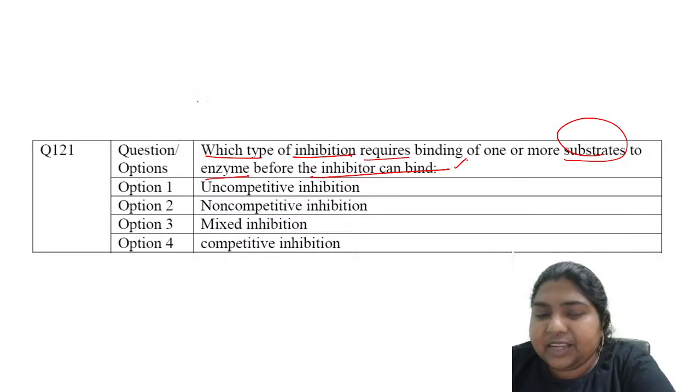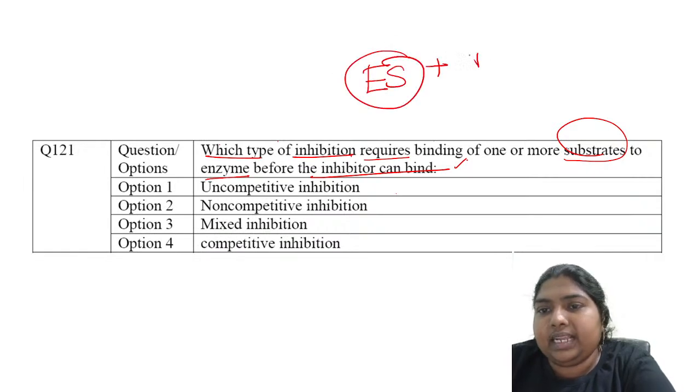They are asking which type of inhibition requires the binding of one or more substrates to the enzyme before the inhibitor can bind. So it requires the ES complex such that the inhibitor can bind.